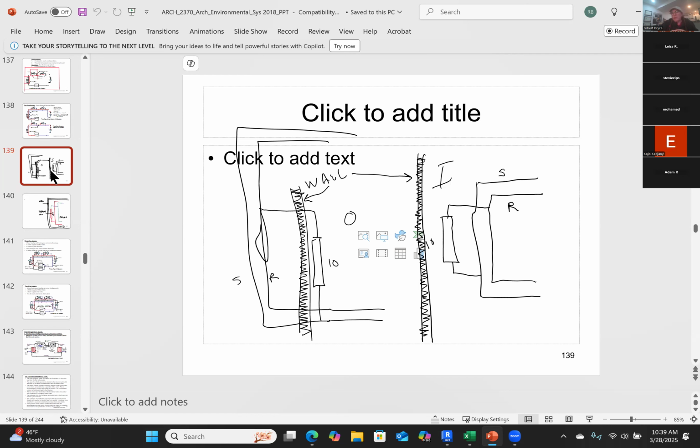There's the 1-pipe. We have a supply and return in the same pipe, but we branch off of it. This is what I'll be looking for, that you're making sure to branch off of your supply line in order to heat your terminal unit. And this is what I see too many times.